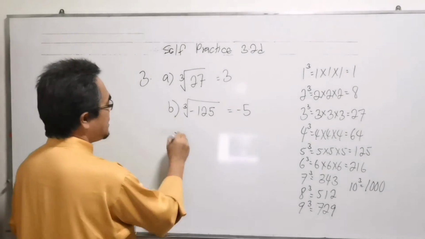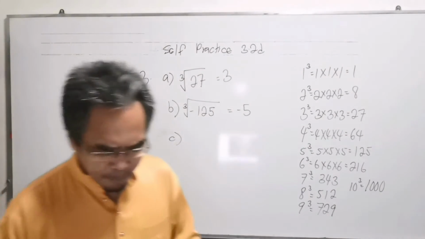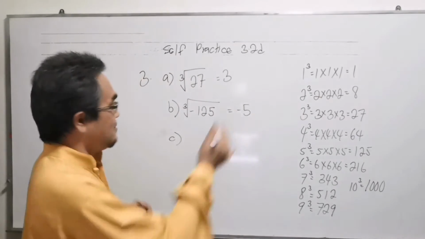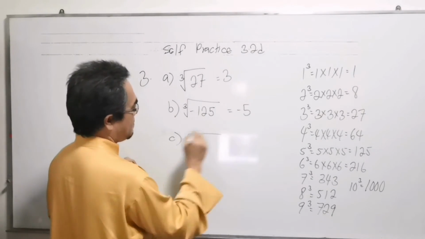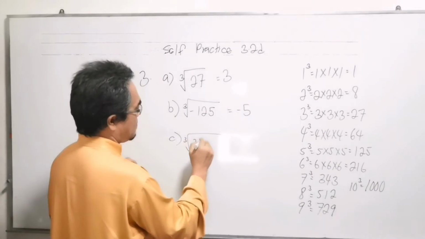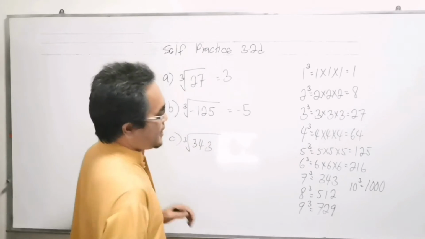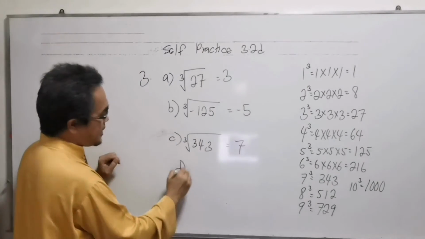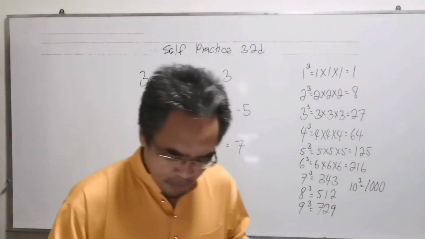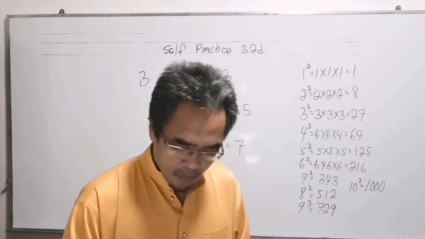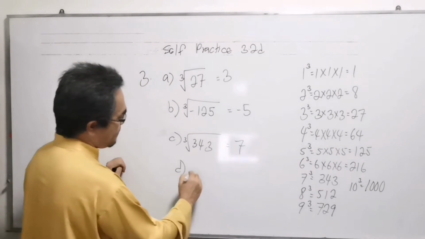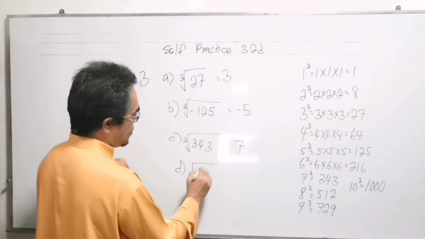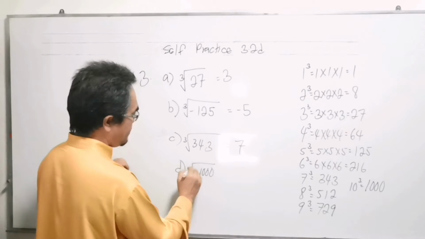Let's continue with C. 343 is there already. What is it? 7. And D, negative 1000.